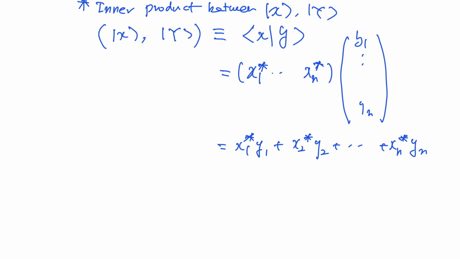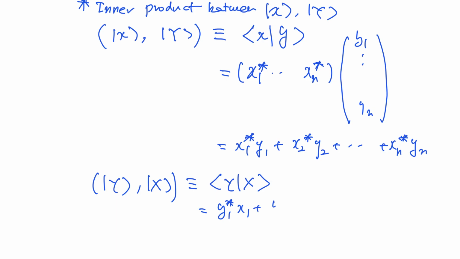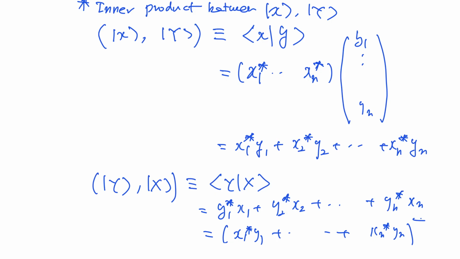What happens if we change the order between x and y? Then (y, x) is y1 complex conjugate x1 plus y2 complex conjugate x2 up to yn complex conjugate xn, which is the same as x1 complex conjugate y1 up to xn complex conjugate yn, with a complex conjugate on the whole, which is (x, y) complex conjugate.